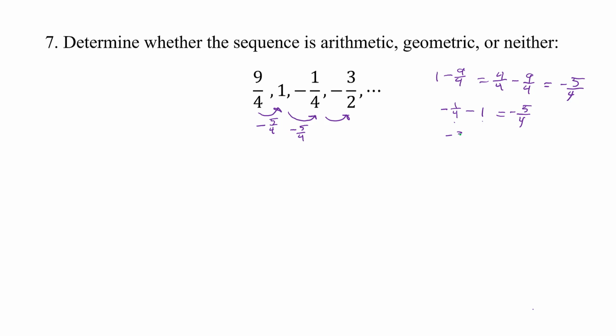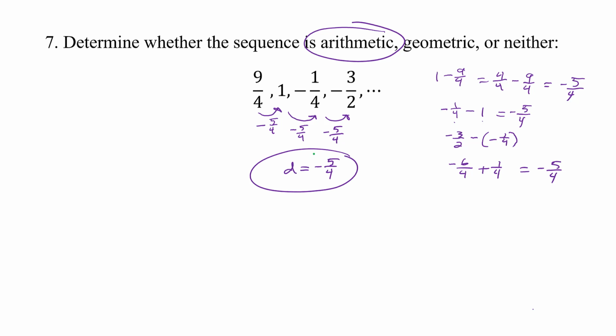If I took -3/2 minus -1/4, that would be -6/4 plus 1/4, and again we'd have -5/4. So once more we add -5/4 to go from -1/4 to -3/2, and so actually we found that the sequence is arithmetic with a common difference of -5/4.